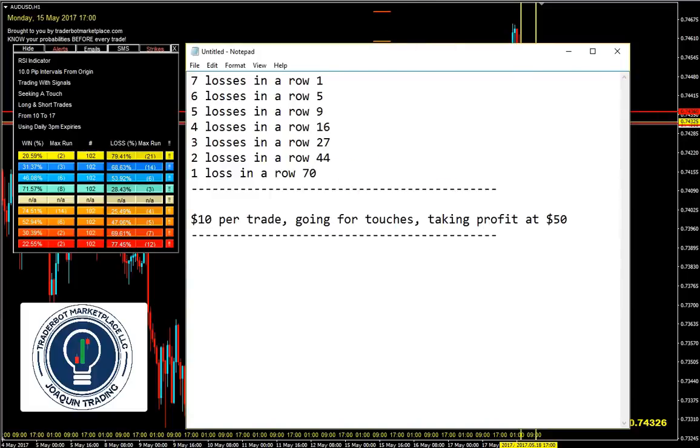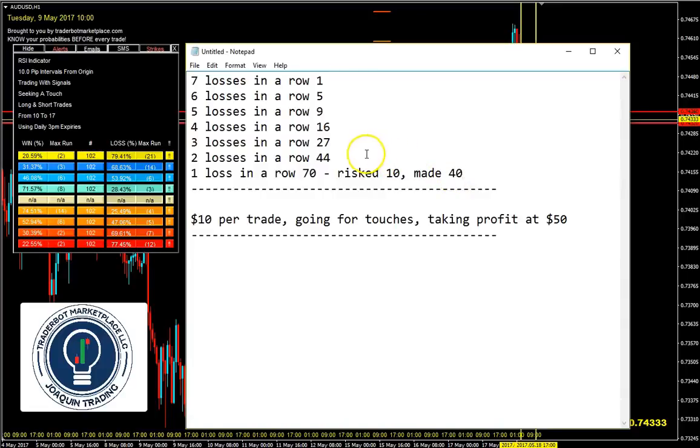Okay, so let's go up here to 1 loss in a row. Now, if you took a trade and you made money on your very first one, you risked 10, made 40, because you put up 10, got up to 50, took profit, you made $40 profit.